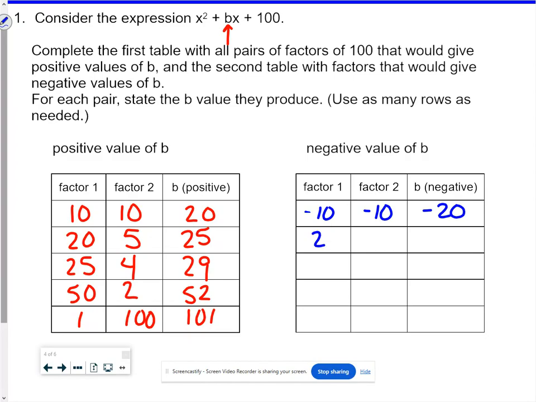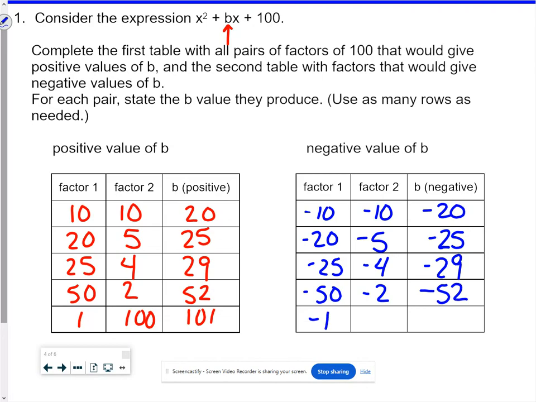Then I'm going to have negative 20 and negative 5 gives me negative 25. And negative 25 and negative 4 would give me negative 29. Negative 50 and negative 2 would be negative 52. And negative 1 and negative 100 would be negative 101. Right? The same table, it's just that everything in the second one is all negatives.